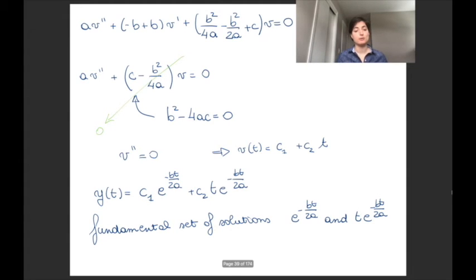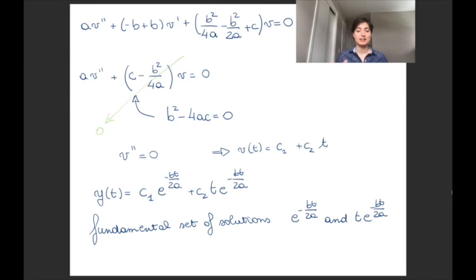Going back, we remember that that means that our second solution that we wanted to find is composed of c1 multiplied by y1 and c2t multiplied by y1. So our full solution is c1 exponential of minus bt divided by 2a plus c2t exponential of minus bt divided by 2a.